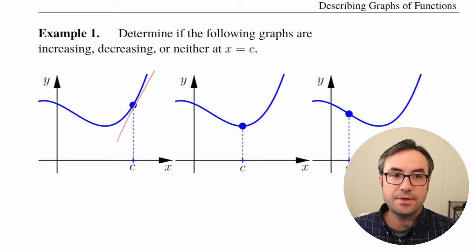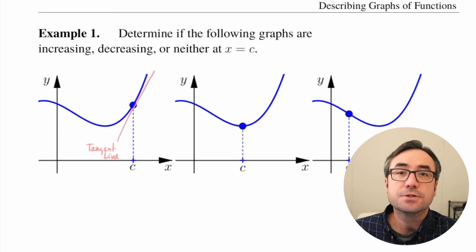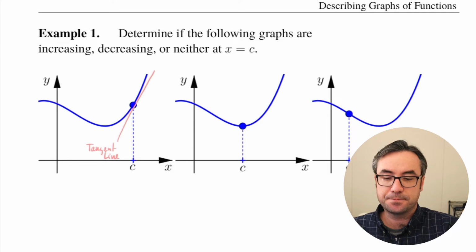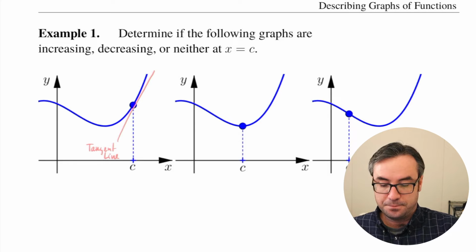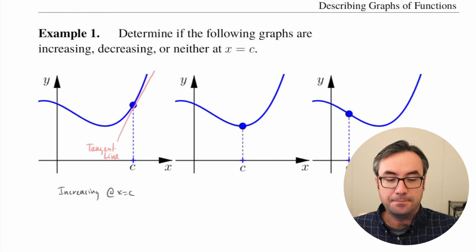We see that the tangent line is moving upward. It has a positive slope. That means our function is increasing at x equals c, because the tangent line has positive slope.